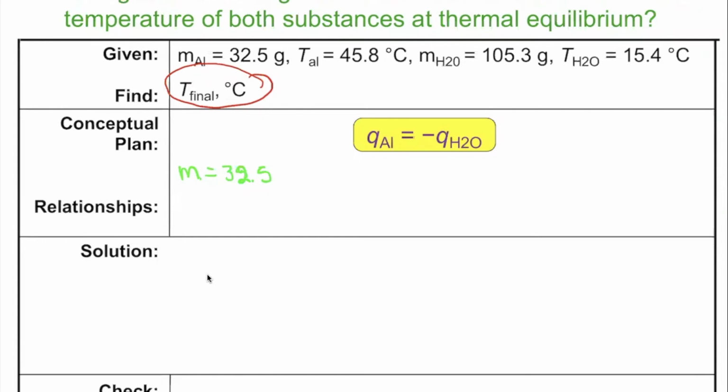I'm just going to bring this down. T final minus 45.8 Celsius equals, and this answer should be 440.154 times T final minus 15.4 Celsius. So don't forget, here you're going to have to distribute.